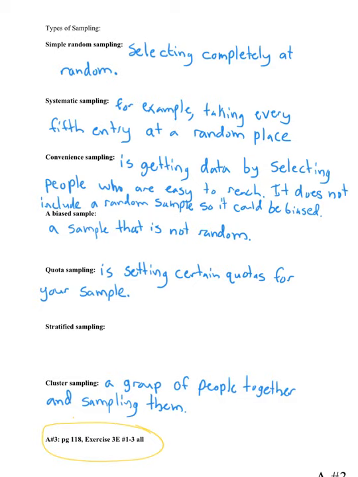Another example would be, let's see, I want to interview 10 girls and 10 boys. Okay, that's an example of quota. So I'm setting up something specific that says I need 10 of each, and then I can stop my research as soon as I hit 10 for that sample.